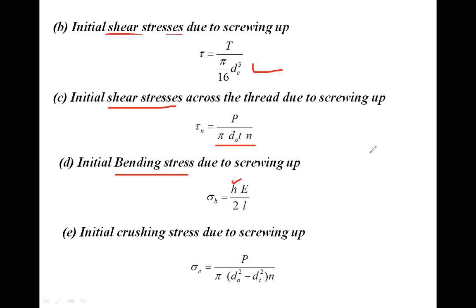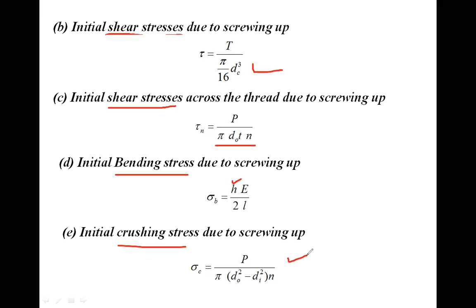If it is more, the bolt may bend while screwing. There is also a crushing stress. The crushing stress due to screwing up has the area pi by 4 into d0 square minus di square. We have already seen this formula in our power screw. So this is the crushing stress.